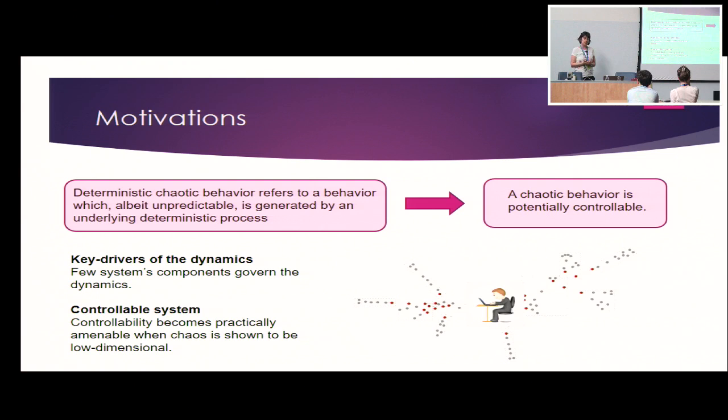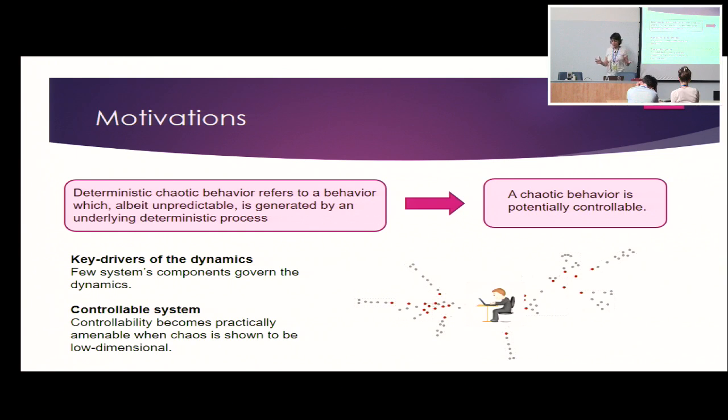But if the system is deterministic, it means that, after all, the system can be controllable, because I have in my hands the rules, so the equations determining its dynamic, and these equations do not contain any noise term.